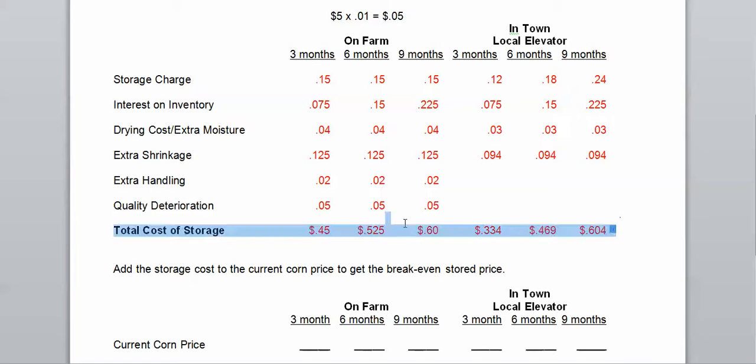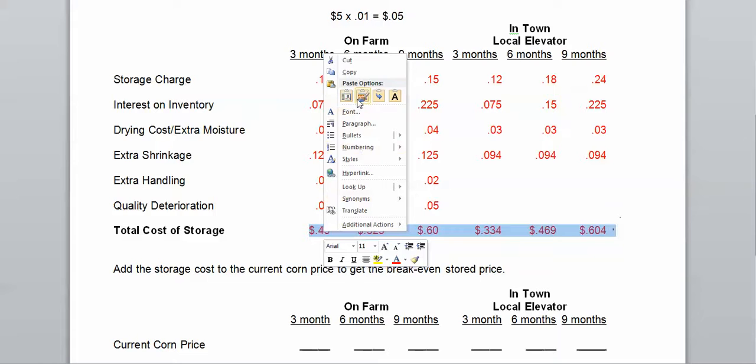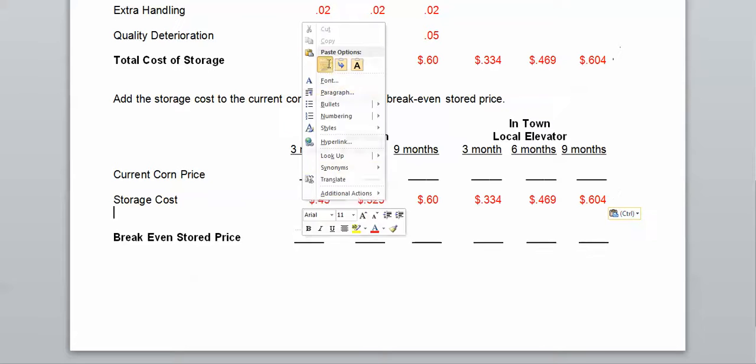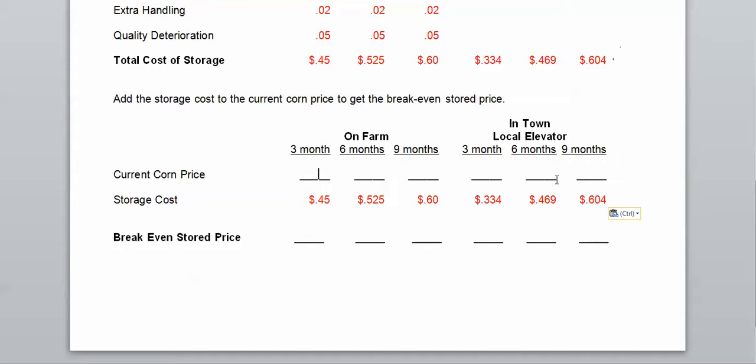Now we're going to take those numbers and add them to our fall price to figure out what we need to justify storing our grain. Well, if fall price is $5, we need to add all these storage costs to $5 to figure out our break-even price from storing the grain.